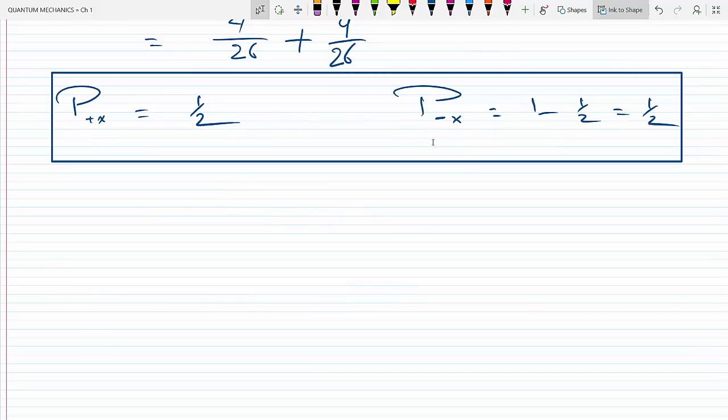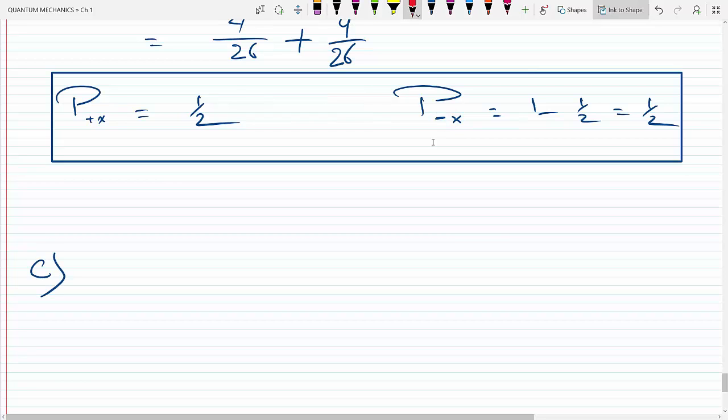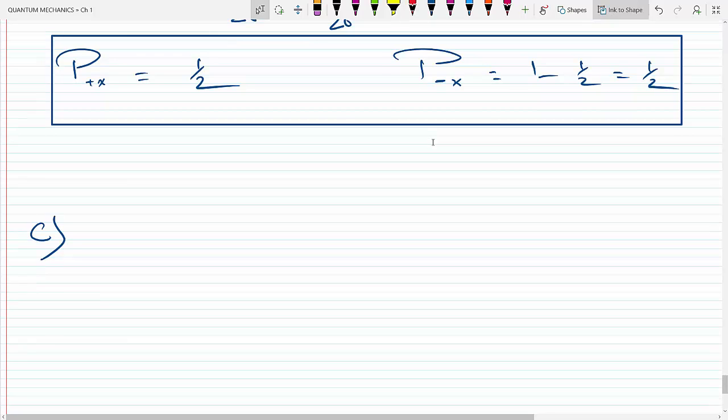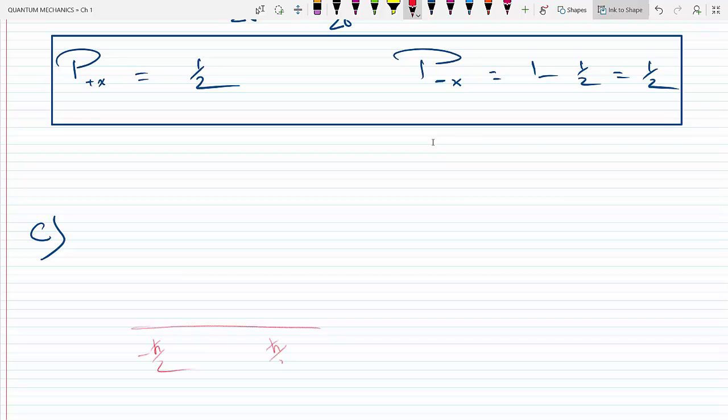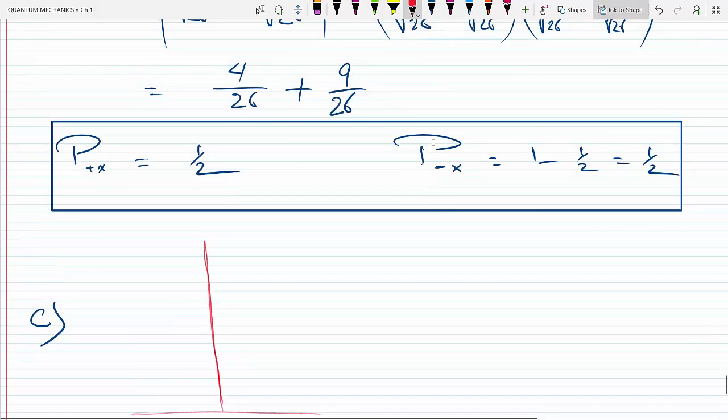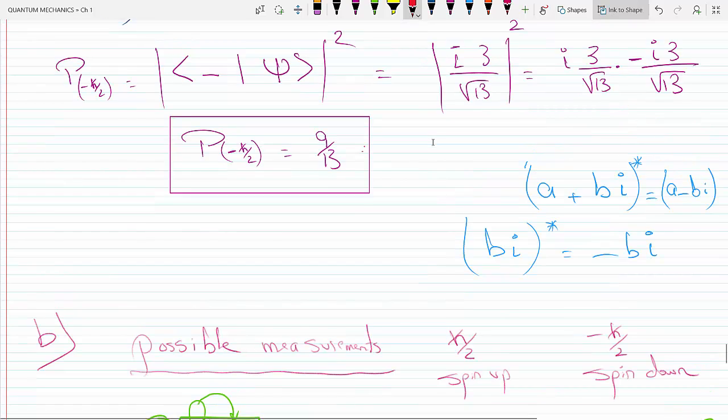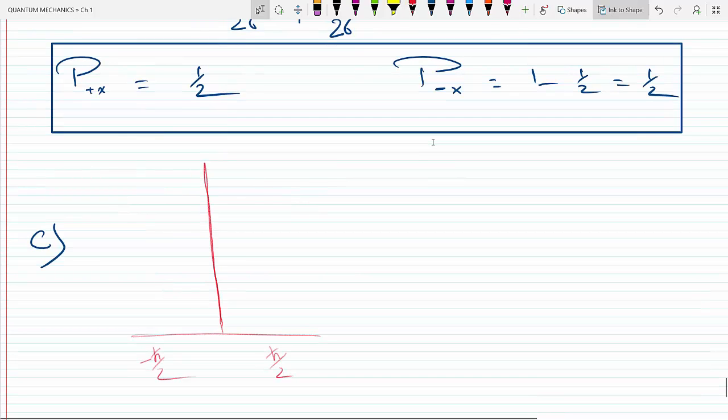So that's why for part C, when you plot these, you could actually see it. We're not trying to find the probability that it's along a unit vector. So when it was minus h bar over 2 versus h bar over 2, what did we get for minus h bar over 2? We got 9/13. So we got something like this.